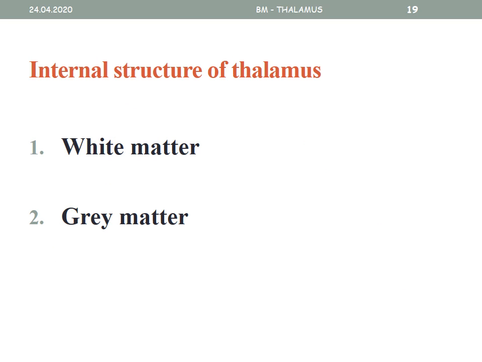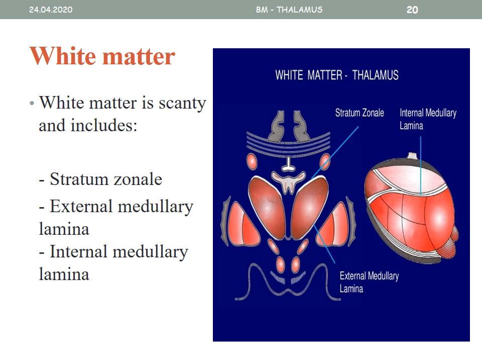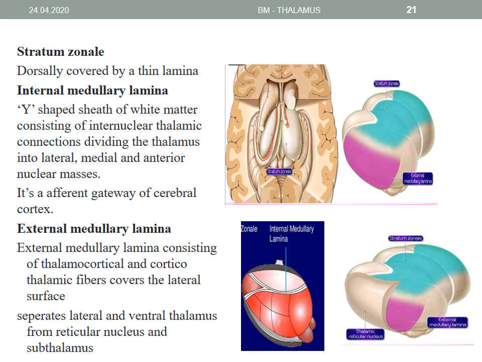Internal structure of the thalamus consists of white matter and grey matter. White matter is scanty and the structures of the white matter are called stratum zonale, external medullary lamina and internal medullary lamina. So what is this stratum zonale? The thalamus is dorsally covered by a thin lamina-like structure and this is called the stratum zonale.